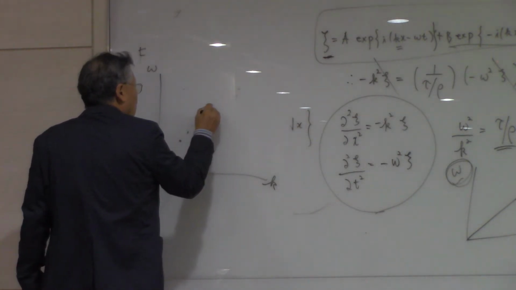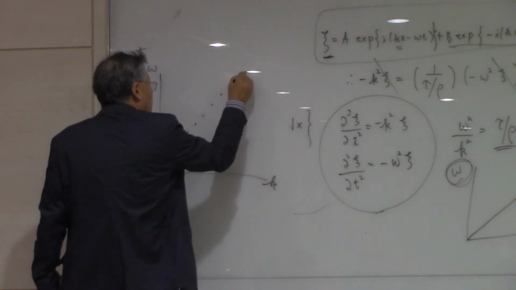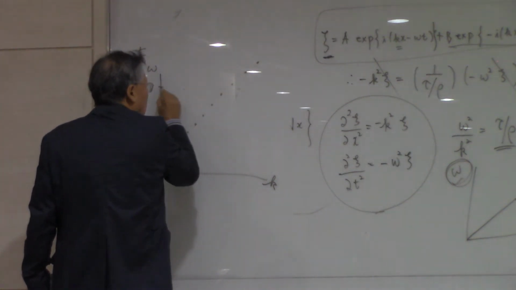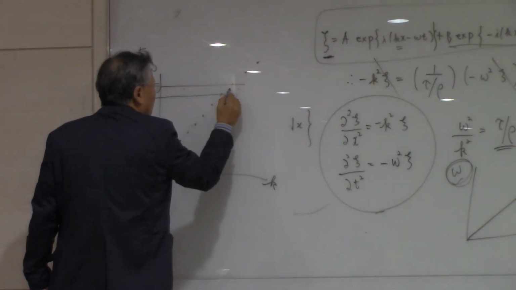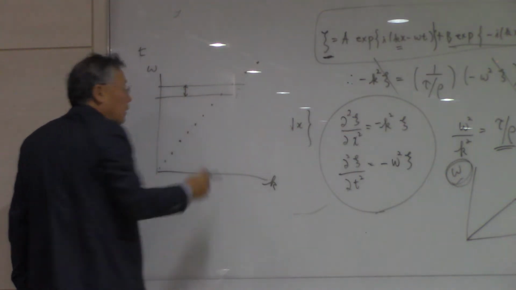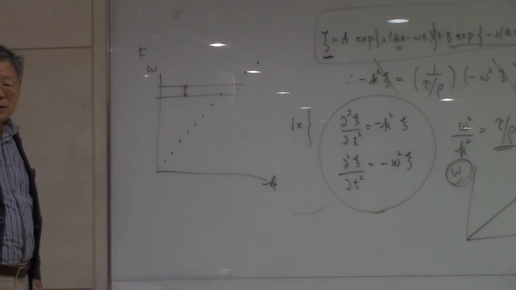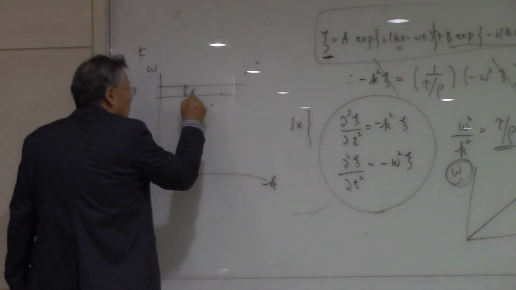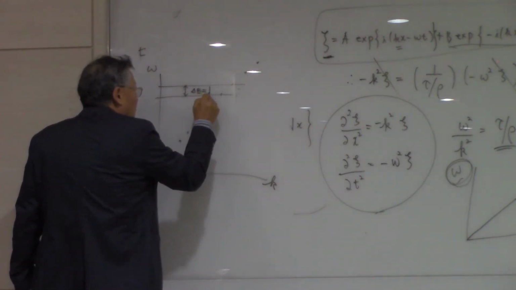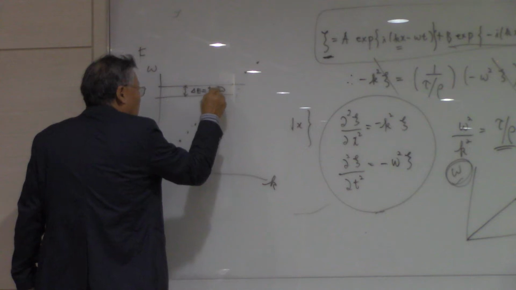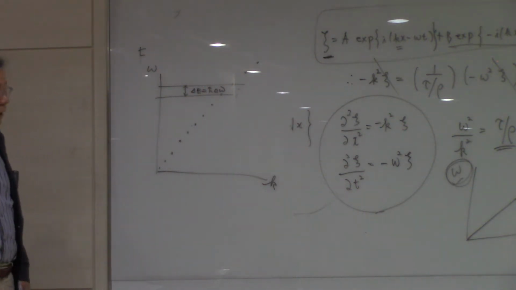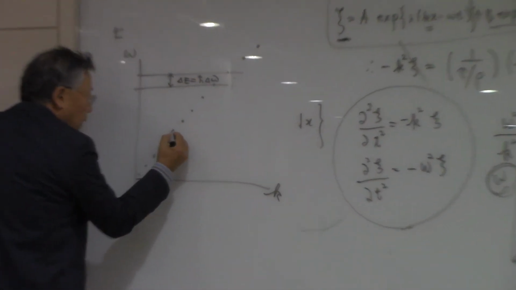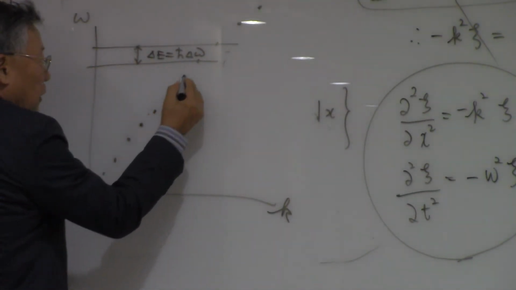Instead, it's going to be dots, something like this. And in between these values, we do not have any energies. The system cannot have those energies, corresponding to the omega in between. So only these dots are allowed for this system.